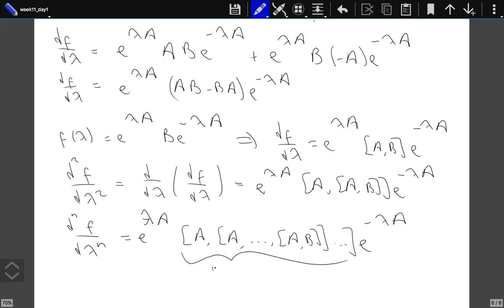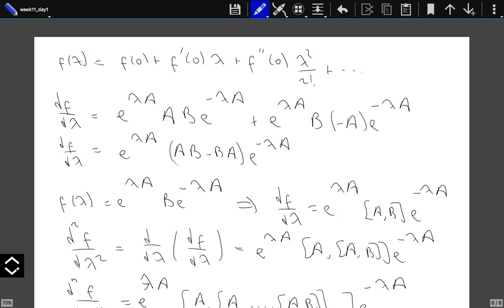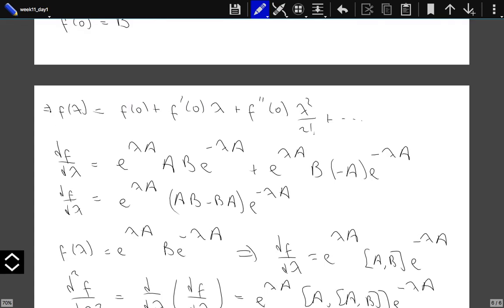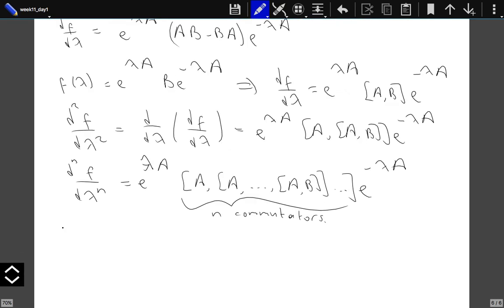So here we have n commutators. And in the Taylor expansion, I need these derivatives at lambda equal to 0 to use that Taylor expansion on the first line on the page. Well, that basically gives me the Hausdorff formula.